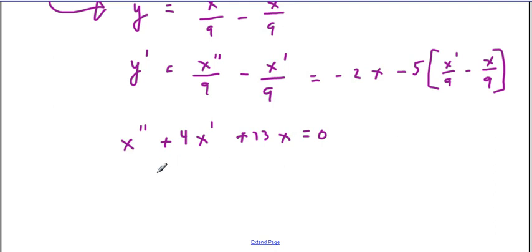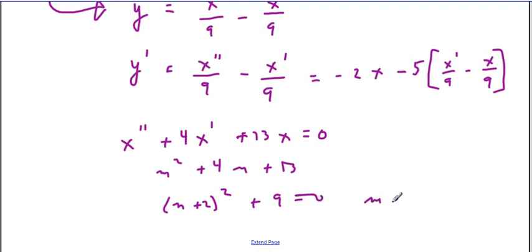Okay, well, I have a characteristic equation m squared plus 4m plus 13. I can complete the square and say that that's m plus 2, the quantity squared, plus 9 is equal to 0. So my m's are going to be minus 2 plus or minus 3i.